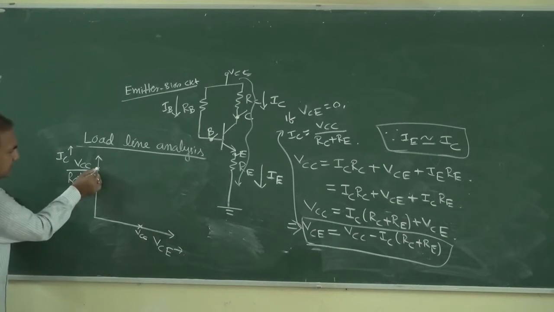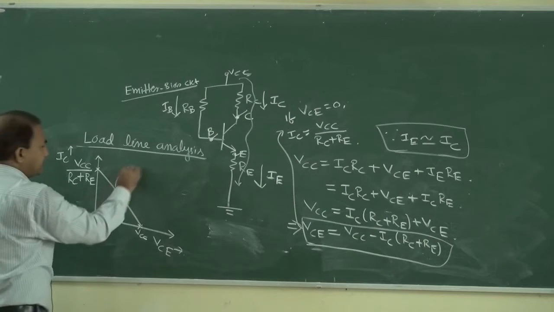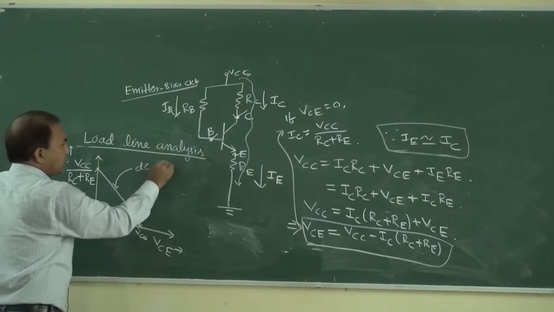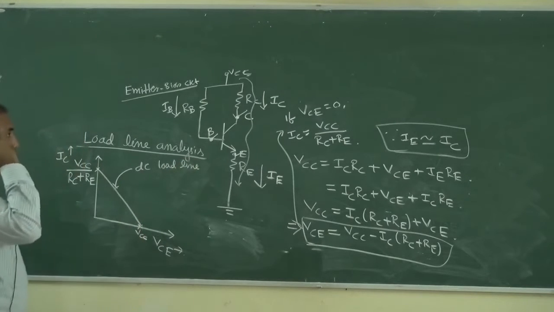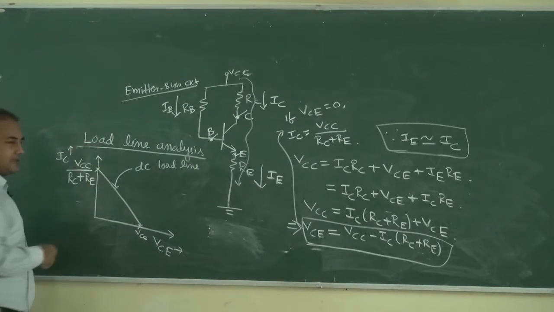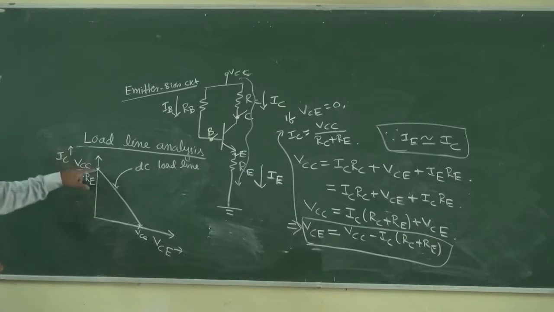Now we can connect these two points. So this is the DC load line of the emitter bias circuit. This side it is VCC, and this point is VCC divided by RC plus RE.